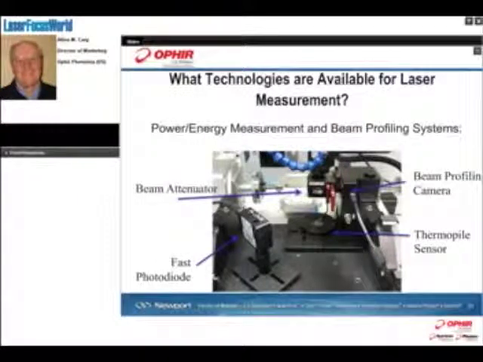This is going to be collecting the majority of the light and giving you your output power, or in this case, it's a single pulse laser, so it's going to be giving you your energy per pulse. And then to the lower left, we see what's called a fast photodiode. What that's going to do is interface with a PC-based oscilloscope, and that's going to give you your temporal pulse shape. So with this collection of devices, it's going to give you just about everything that you need to know about your beam.